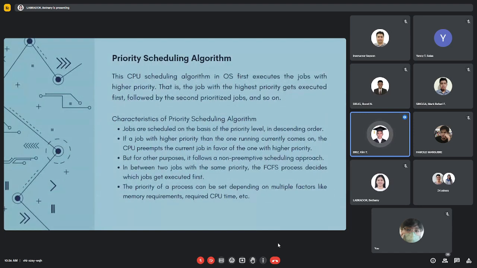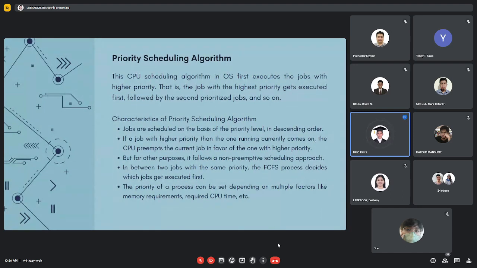So the priority scheduling algorithm can either be preemptive or non-preemptive. Between two jobs with the same priority, the FCFS, first come first served, process decides which job gets executed first. And lastly, the priority of a process can be set depending on multiple factors like memory requirements, required CPU time, etc.